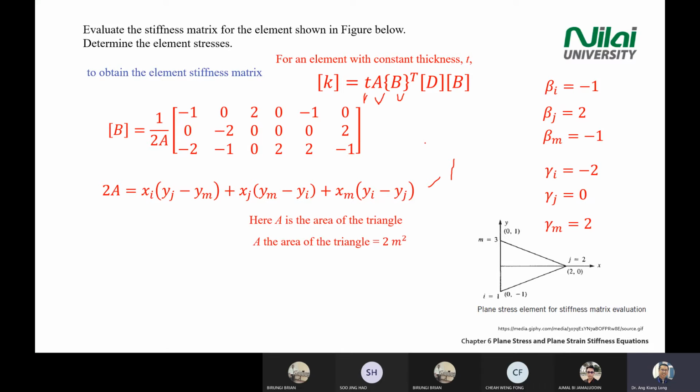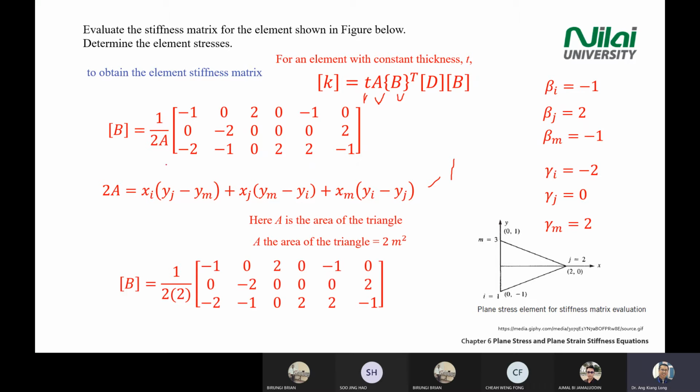What about D? So what else? Okay, this will just substitute the A value that you find just now. This is 2, or from the diagram, you know how to find the area of a normal triangle, right? Base times height divided by 2. So base, what is the length here? So you have 1 and minus 1.